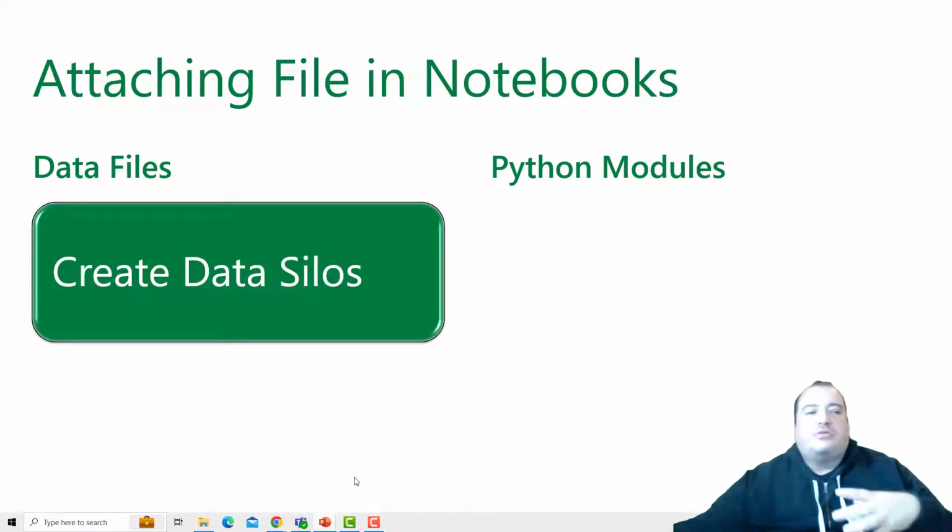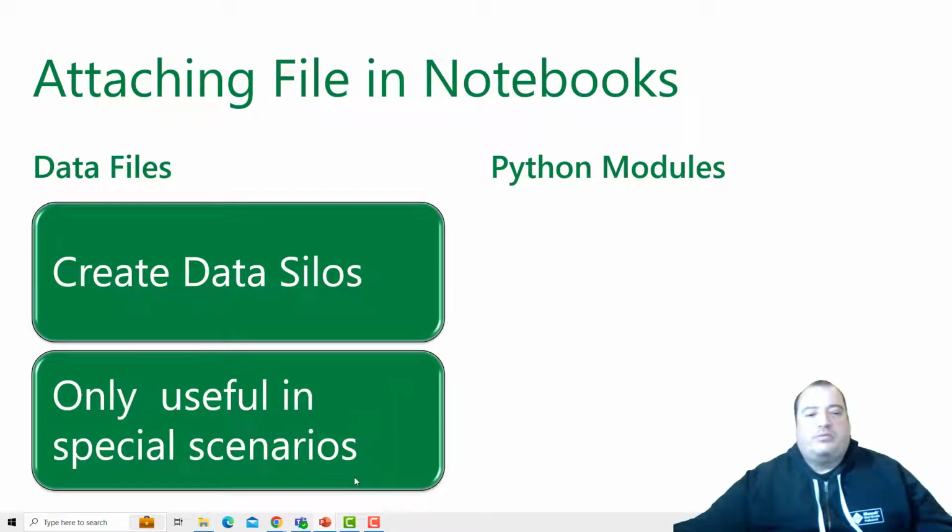The users or the developers will start to attach small files, small CSV files, small JSON files to the notebooks, and we lose track of where our data is. So it may not be a good idea. It is only useful in very special scenarios, special cases that will not generate data silos. That's what you need to evaluate.